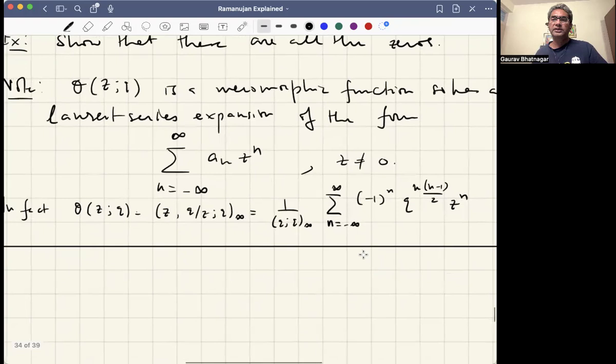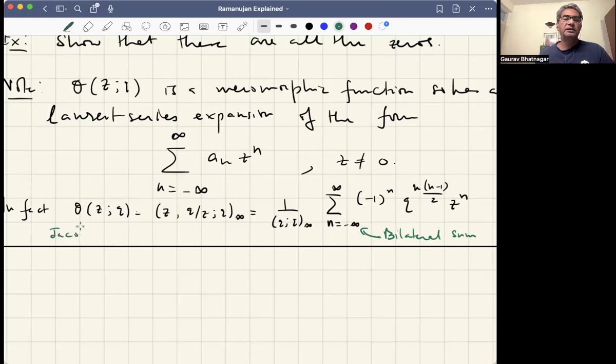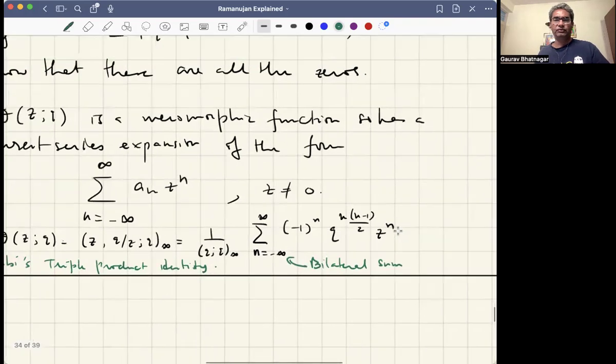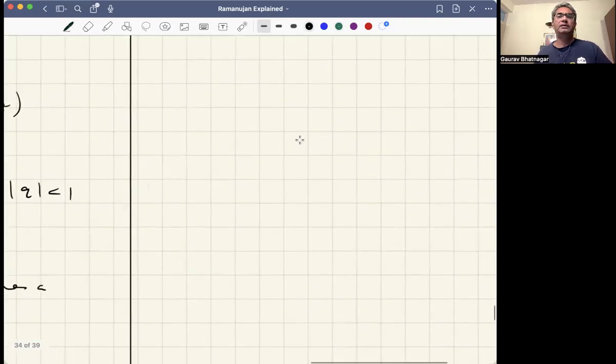This is called Jacobi's triple product identity, and if you notice, this sum is called a bilateral sum, since it goes from minus infinity to plus infinity. The identity that we are going to discuss by Ramanujan is a more general version of this. So first of all, let's try to understand what bilateral sums are.